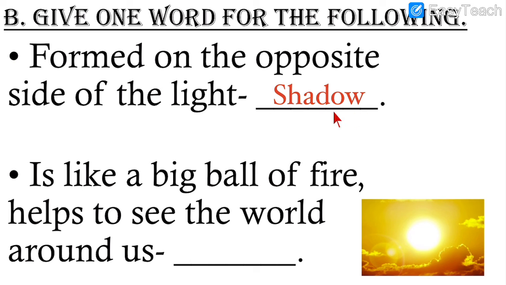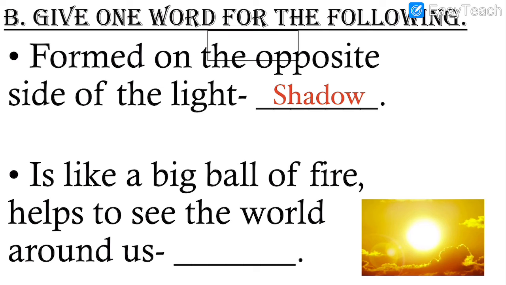Right, number 1. Then number 2. Is like a big ball of fire. Helps to see the world around us. So what is called the big ball of fire which rises in the morning? It gives us the maximum light, and it is the most important, most powerful source of light on earth. That is sun.